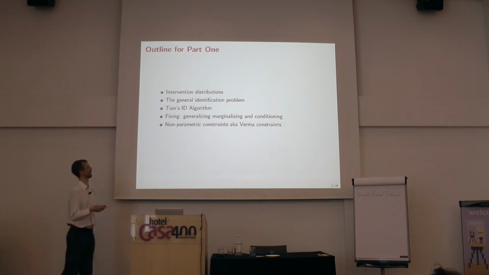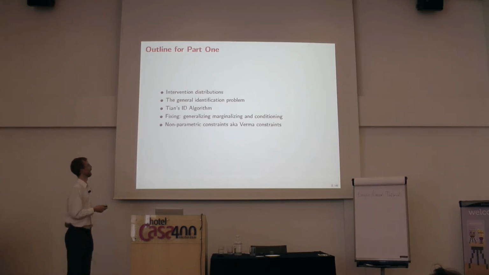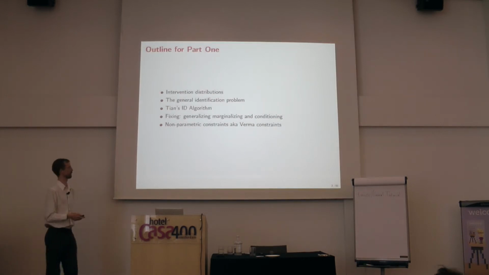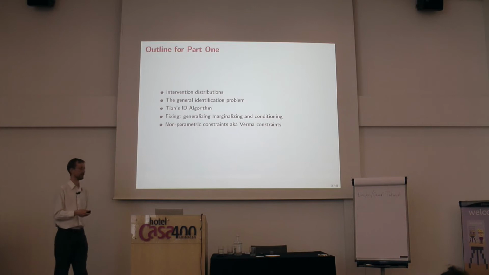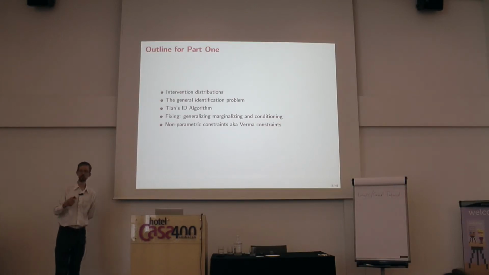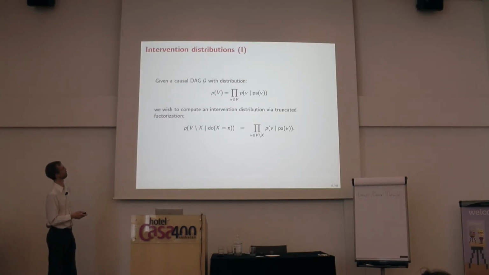I'll present it in a slightly novel way, but the basic ideas are all in Tian's papers. And then I'll briefly talk about how these methods also give rise to non-parametric constraints that generalize conditional independence, and that will sort of set the stage for Rob's part of the talk.